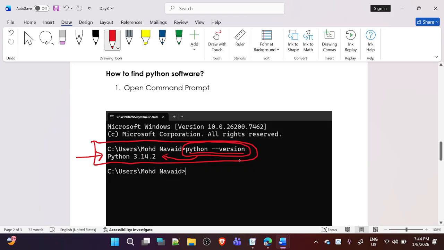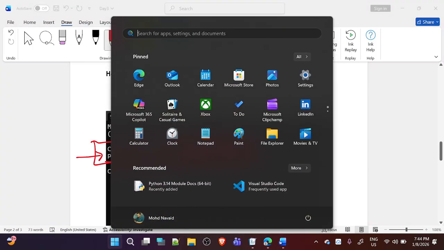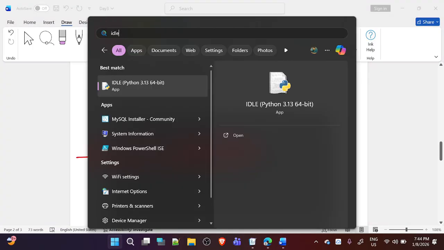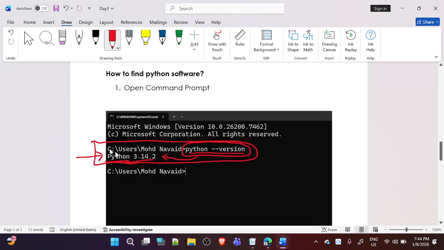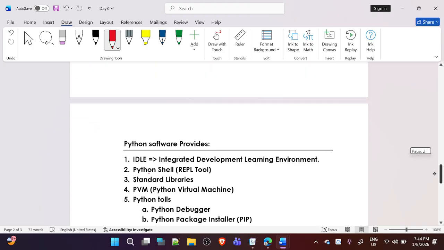Some students get an error instead of the version, but they can find IDLE. If you can find IDLE but don't get the Python version, it means Python is installed but not installed globally, so manually you need to set the path. I'll tell you how to set the path later.